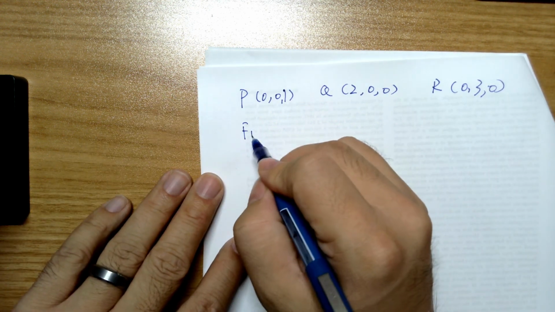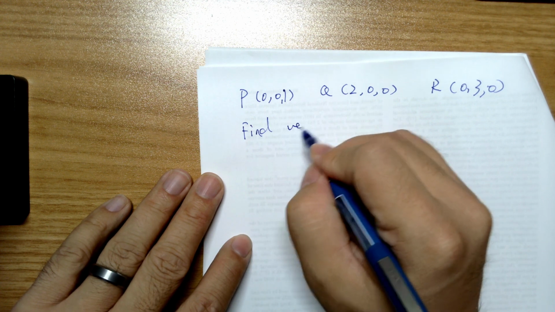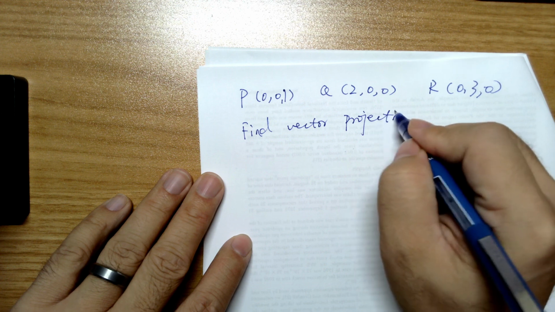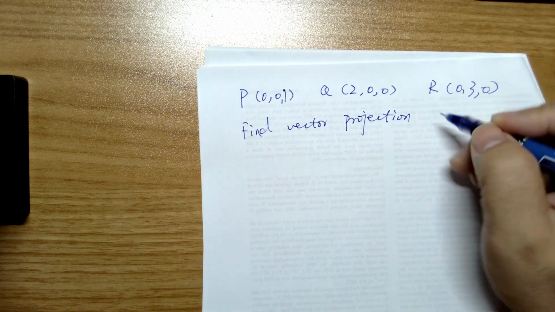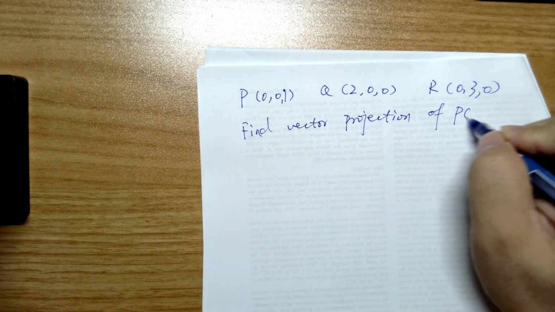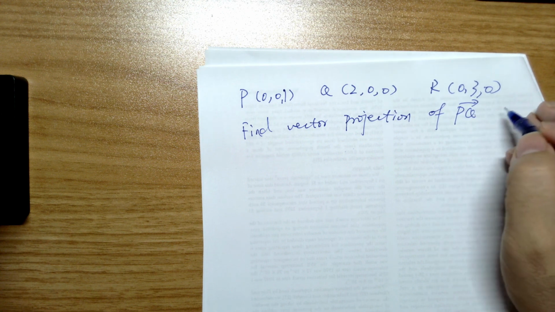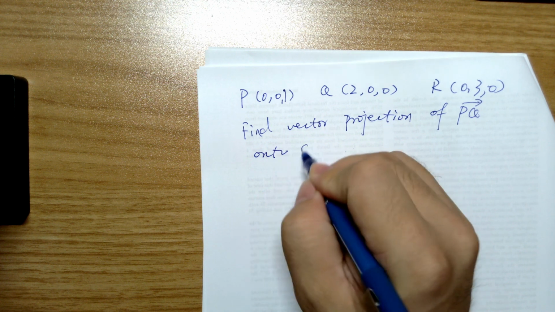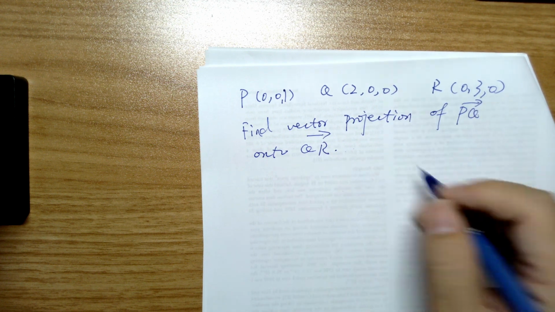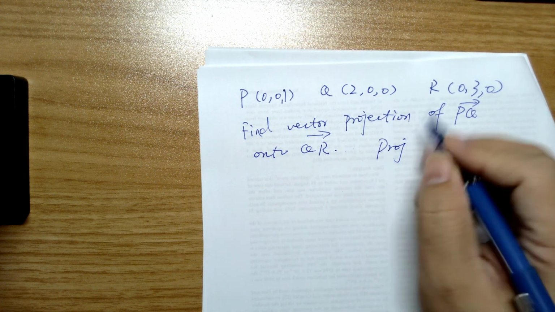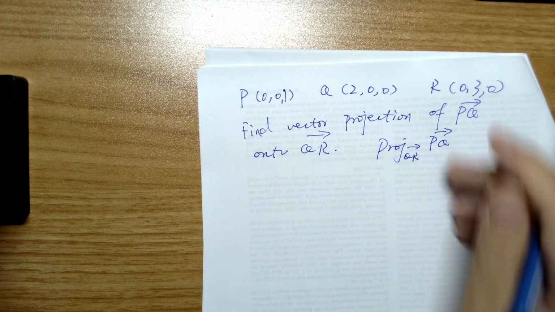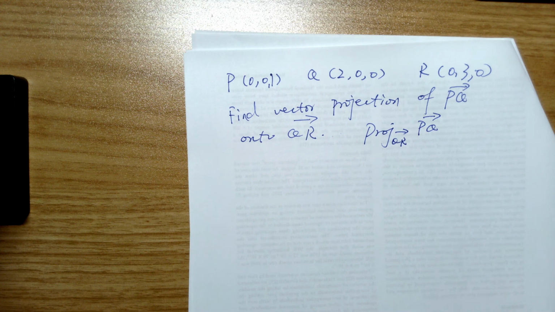Find the vector projection of PQ onto QR. So that's the problem.